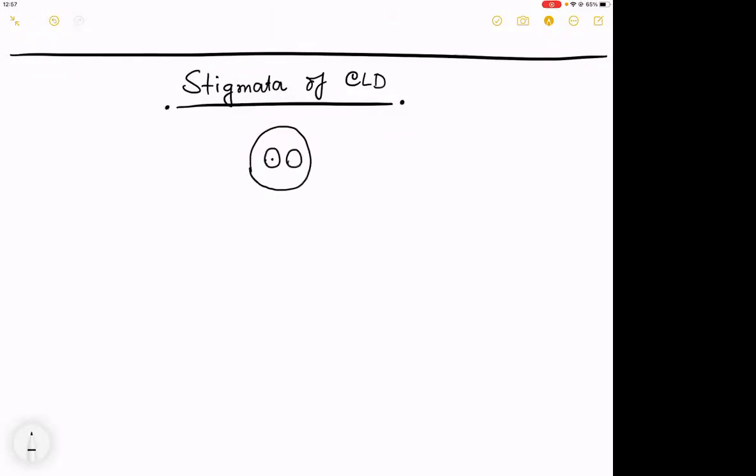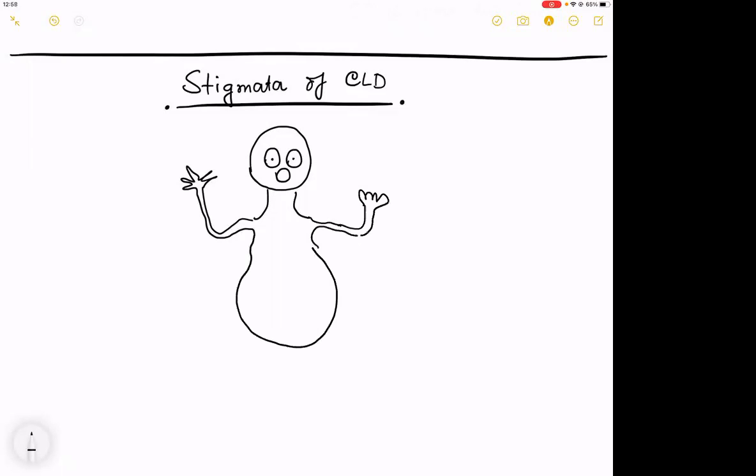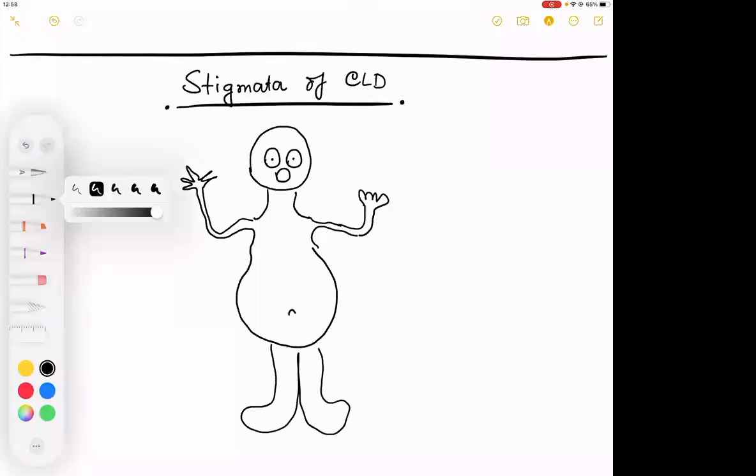Very quickly, what are the stigmata in CLDs? These are taught in medicine in hyper detail. I am not a medicine guy. What is important is now I will start with the first of this.